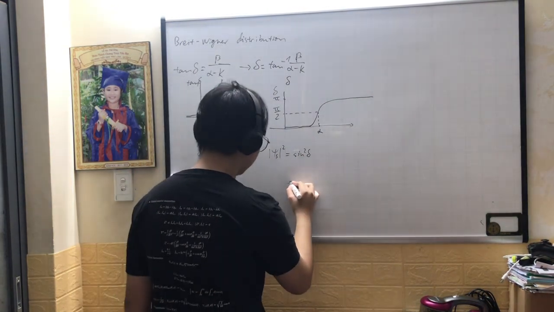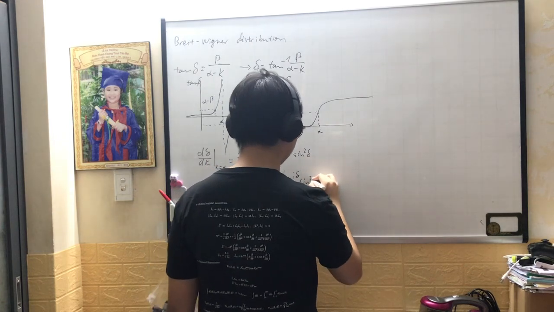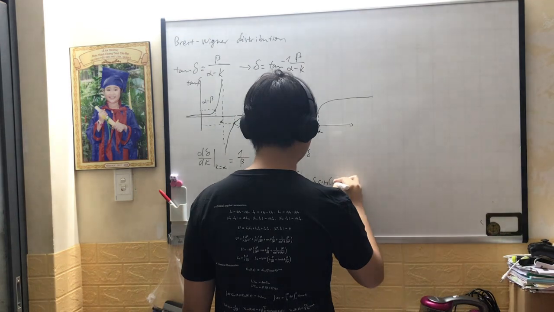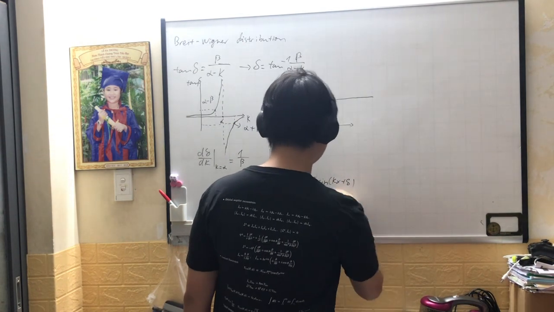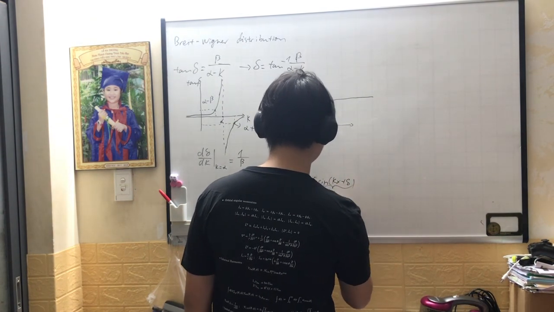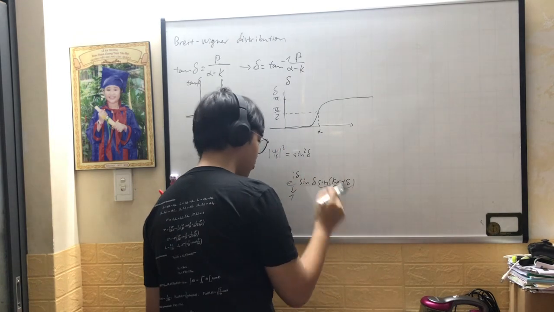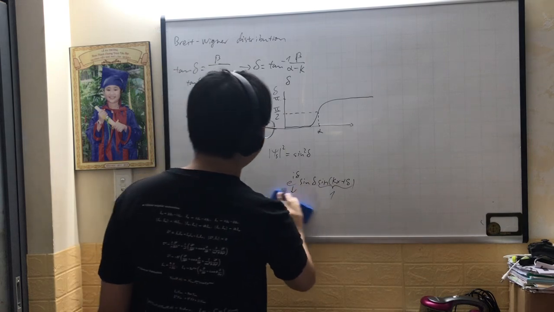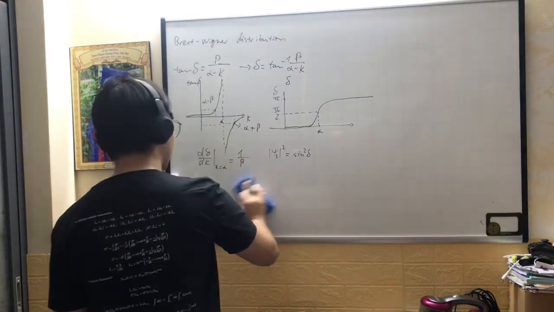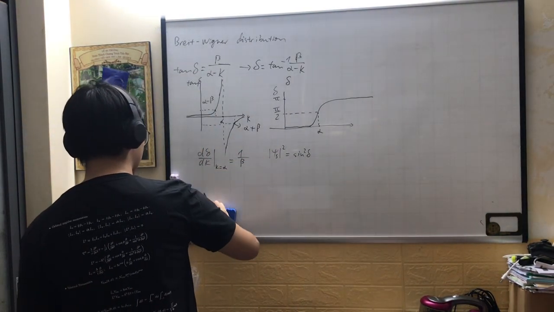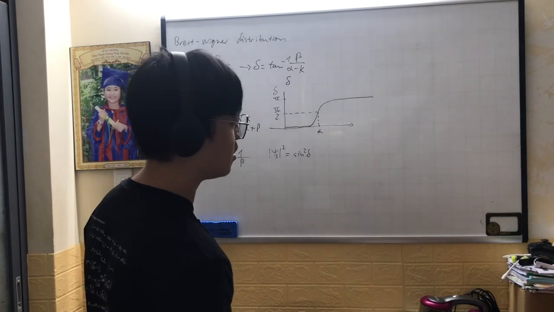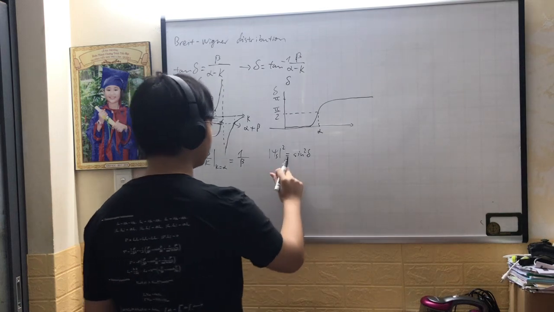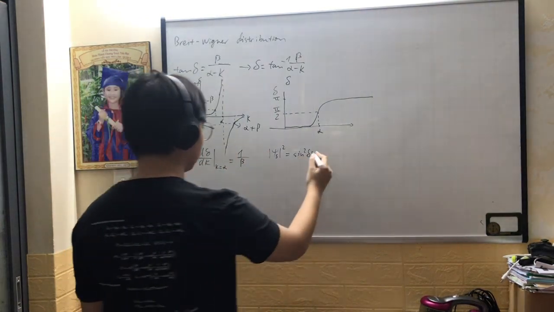As you remember, it is e to the i delta sine delta, and sine of kx plus delta. This term, the maximum of it is 1. This term, when you square it, it gets to 1. And since we are trying to find the scattering part, so we would like to isolate and only take the pure scattering stuff here, which is sine square delta.